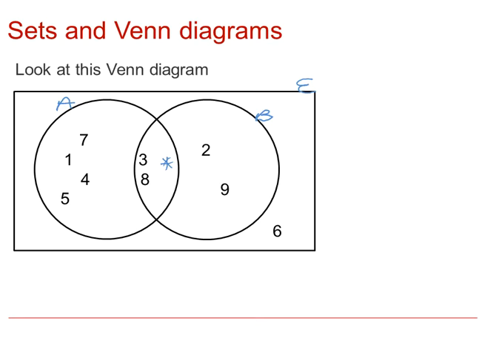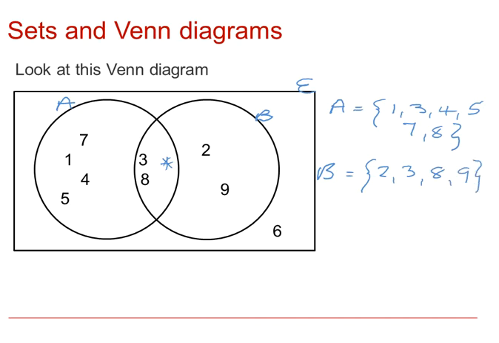So, in this particular instance, we would say that A has the elements 1, 3, 4, 5, 7, and 8, and B is the set of 2, 3, 8, and 9. You can see that 3 and 8 are in both A and B. The 6 is in E, but not in A or B.